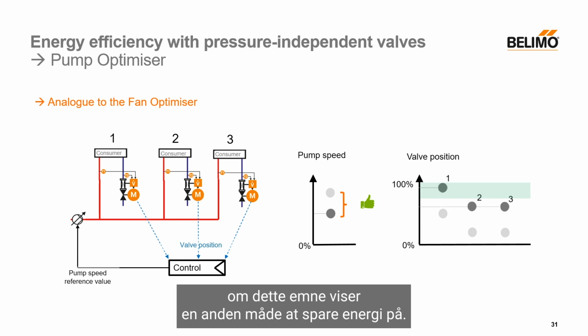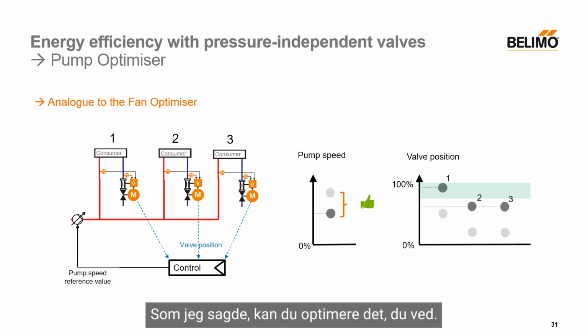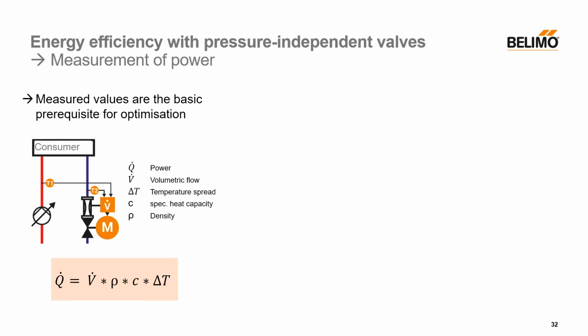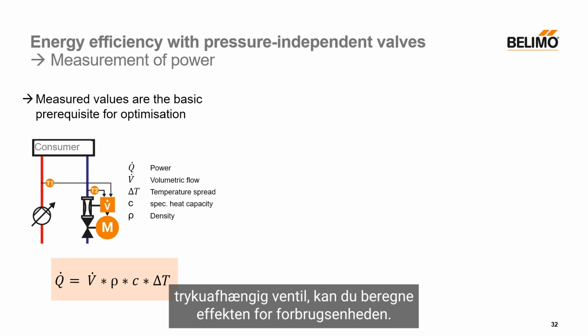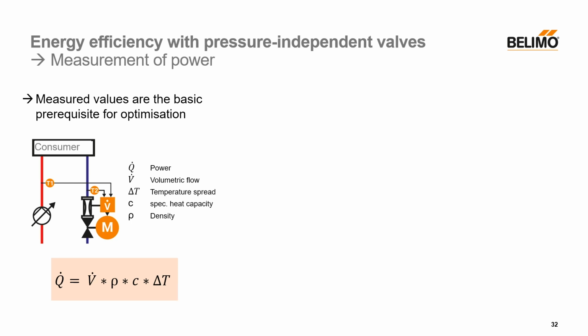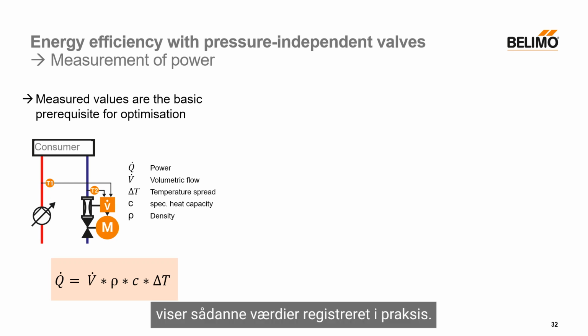The last slide on this topic shows another way to save energy. As I said, you can optimize what you know. If you know the flow rating and the return temperature of an electronic pressure-independent valve, you can calculate the power at the consumer. The following image shows such values recorded in practice. The red dots symbolize the power.